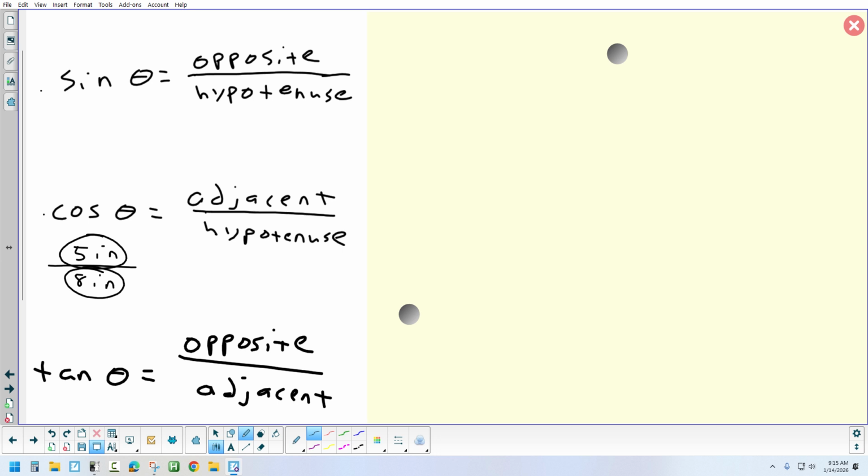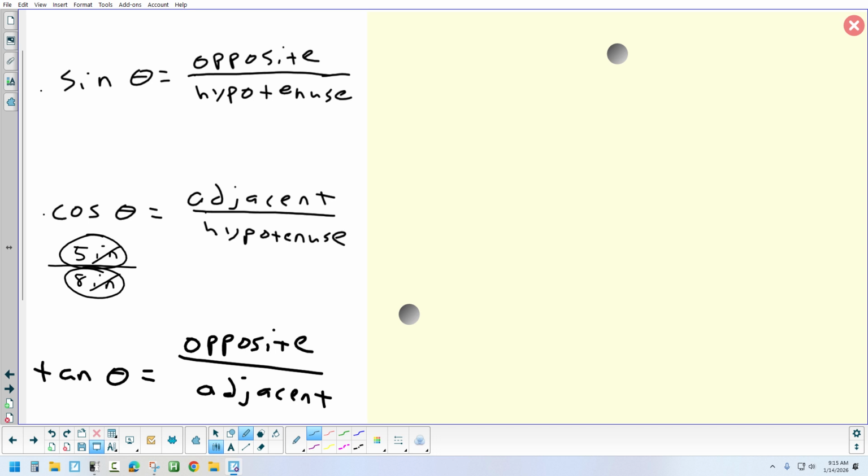Yep. 5/8 inches squared. If we were multiplying them, it would be 5 times 8 inches squared. But we're not multiplying them, we're dividing them. So what's going to happen? Yep. The inches just cancel out. The inches would cancel out.